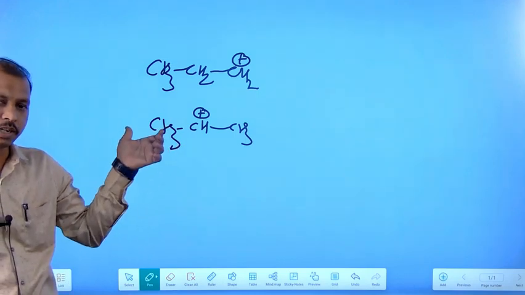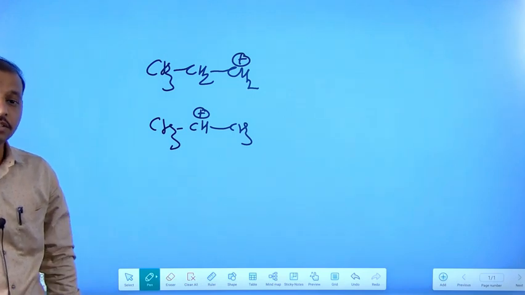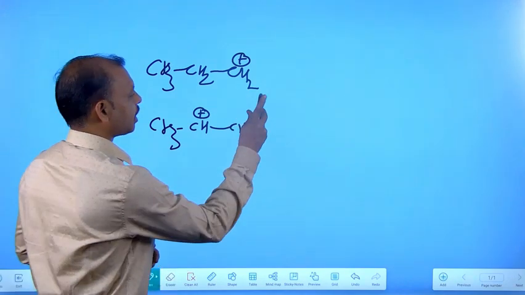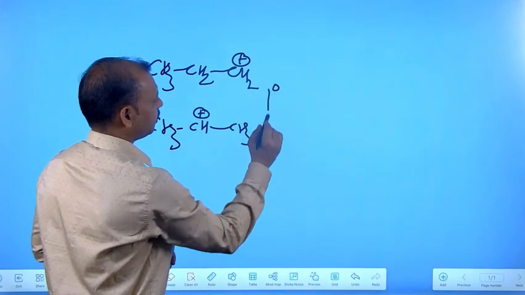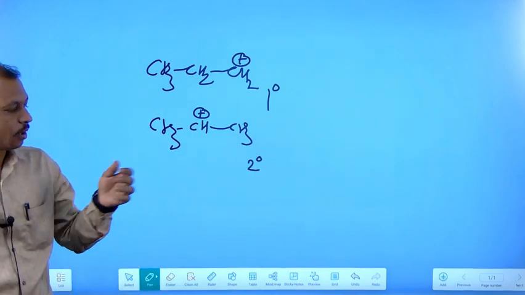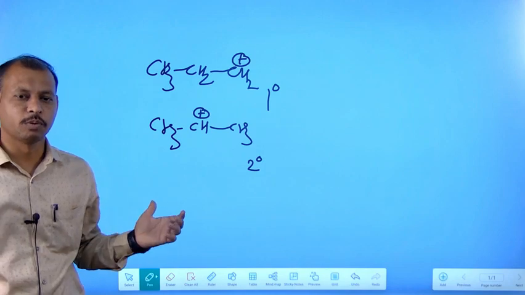What happens because of that? The terminal carbocation is less stable because it is a primary carbocation, as only one carbon is attached to the CH2. The other carbocation is a secondary carbocation, as that carbon has two carbons adjacent to it.